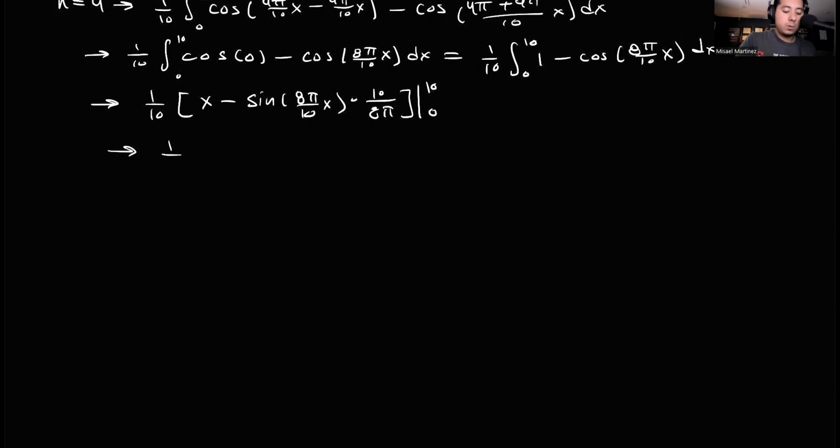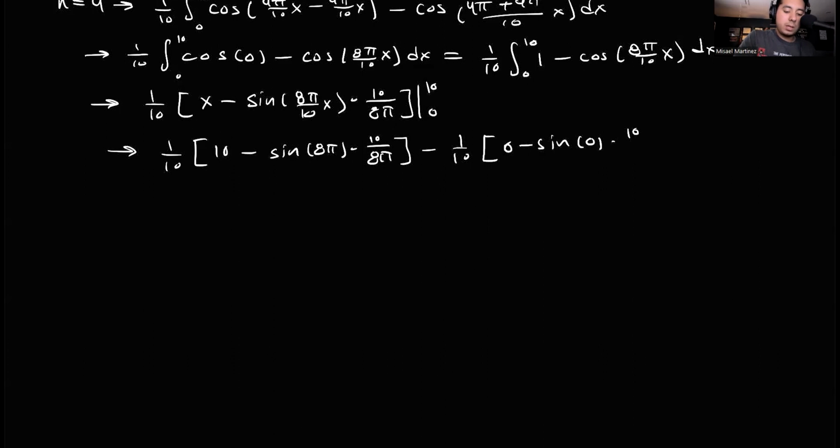So this is 1 over 10 times 10 minus sine of 8 pi times 10 over 8 pi, and this is minus 1 over 10. I distributed it, right? And this will be 0 minus sine of 0 times 10 over 8 pi.